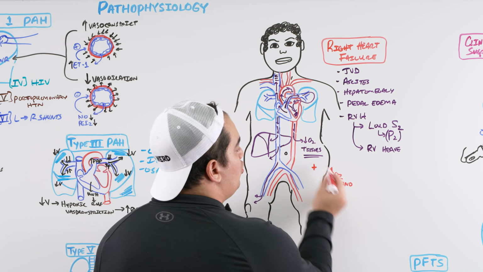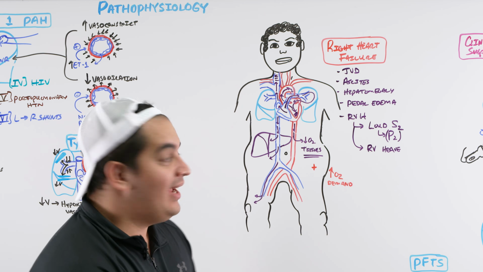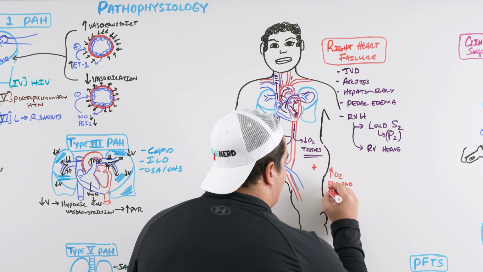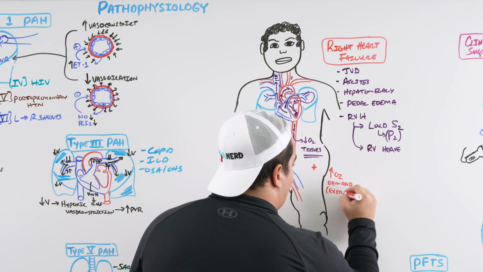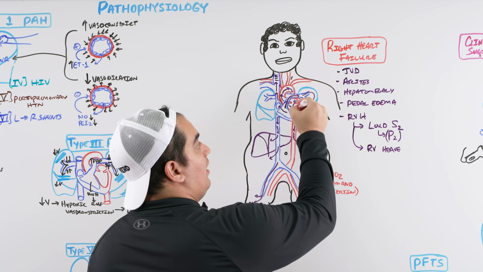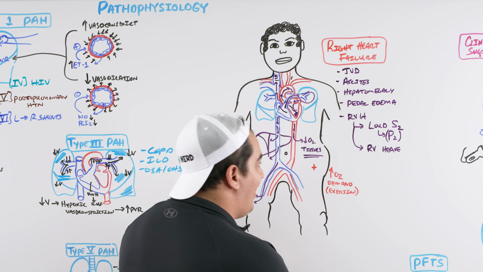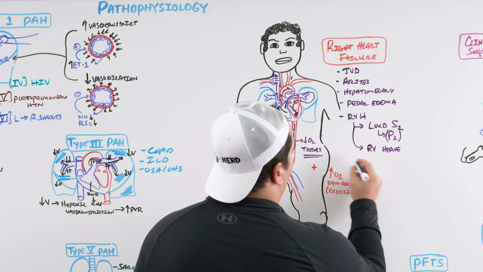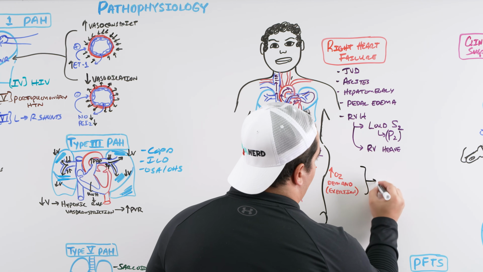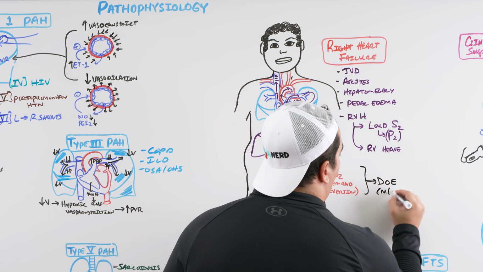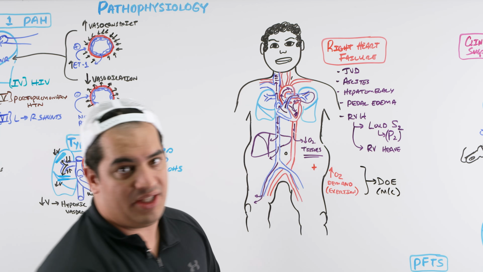When this happens, you create a mismatch during exertion. And this decreased oxygen delivery to the tissues is basically because of less blood getting to the left heart. Because of that, this combination will lead to dyspnea, and this dyspnea is particularly dyspnea on exertion. This is the most common feature for these patients.